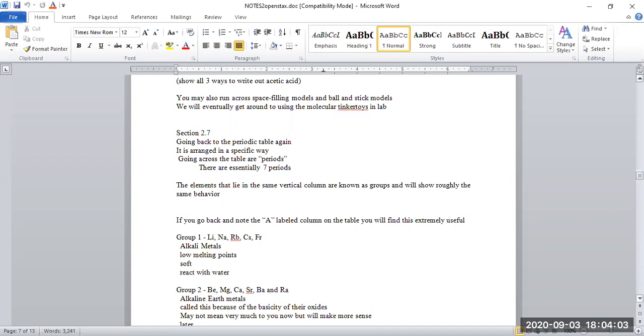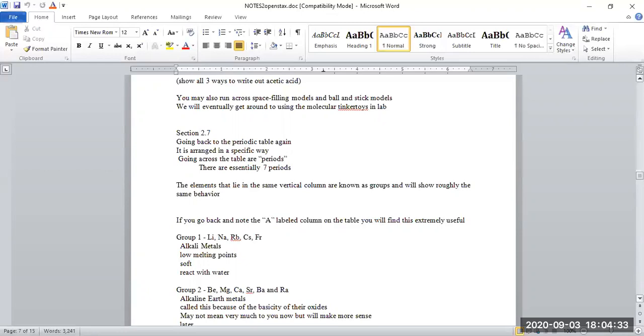So if you start at the far left-hand side, this is a group. It has hydrogen at the top, which we're going to ignore for a moment. We're going to jump down to the next element on the periodic table, which is lithium. Going down the periodic table, you will see lithium, sodium, rubidium, cesium, and francium.